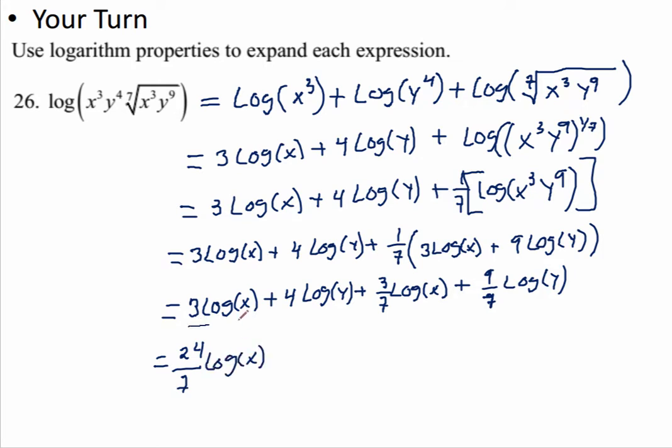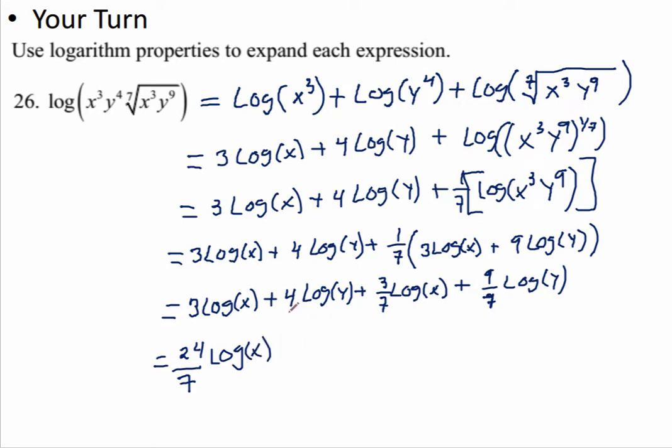And notice what I did is I added those logarithms together, because you can think about log x and log x as just being a variable. You can say, okay, that's z, and that's z, so that's 3z plus 3/7 z, which is 24/7 z.